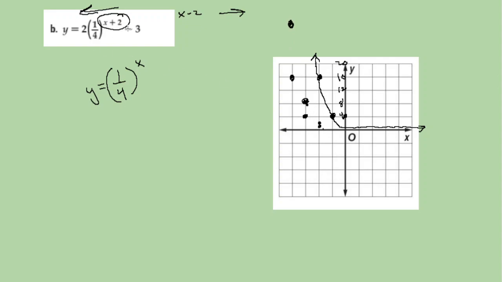And then our -3 means we're taking this whole operation and moving it down here. So my asymptote is going to be right here. That's what's nice: if you understand these transformations, these are actually really not that bad to graph.